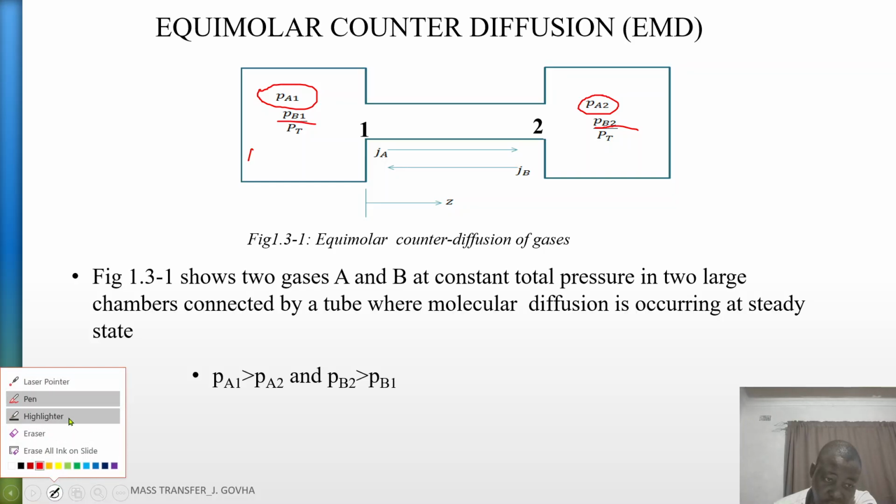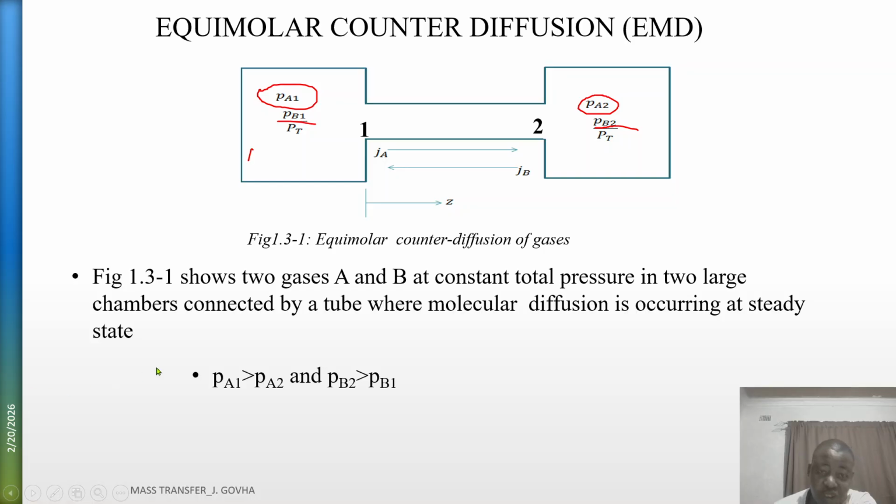Understanding that movement is from a region of higher concentration to a region of lower concentration, you can assume which direction A is going to move and which direction B is going to move.